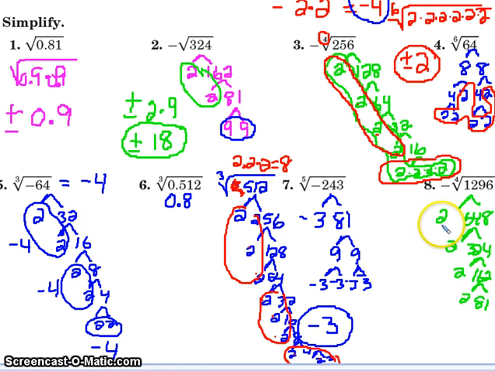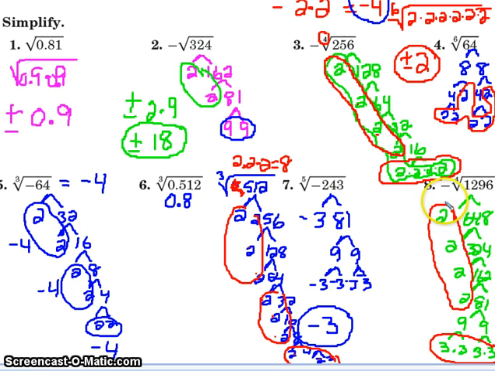Now, I can see that I have 1, 2, 3, 4 2s, and I hope that some of you can see also that 81 is going to split into 9 times 9, which is how many 3s? 1, 2, 3, 4 3s. So we can take out a 2, take out a 3.